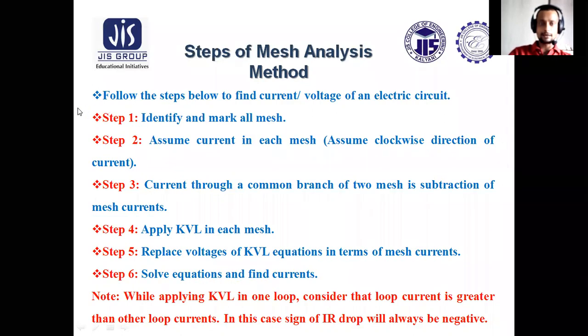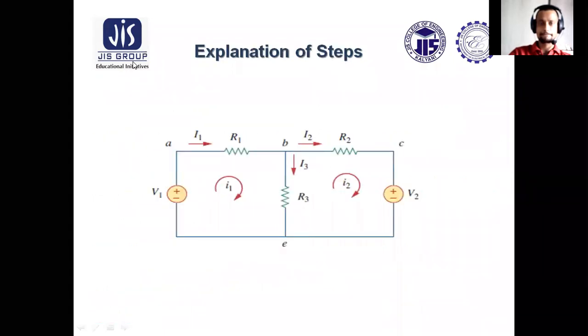Let us discuss these steps with the help of one example. See, here first, as per step 1, we need to identify all the mesh or loops. So see here, A, B, C, and all these are same nodes, so E. These are 4 nodes.